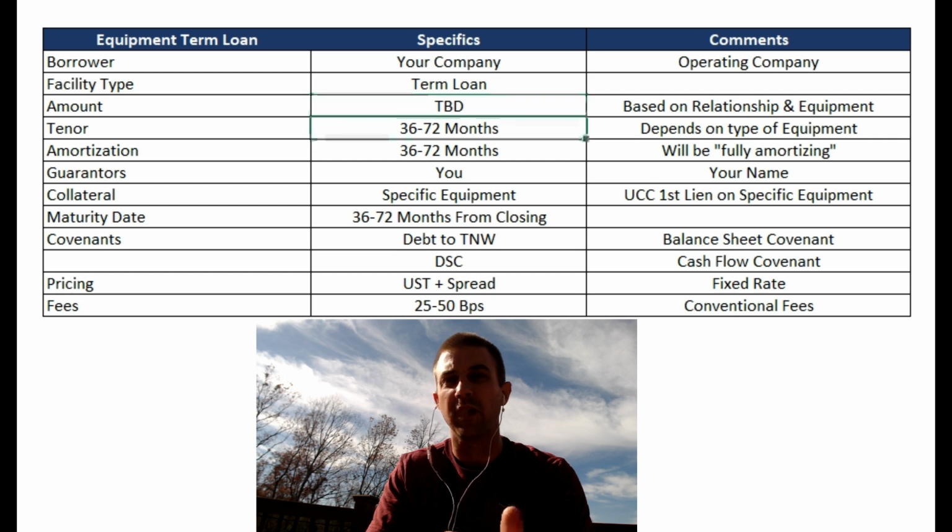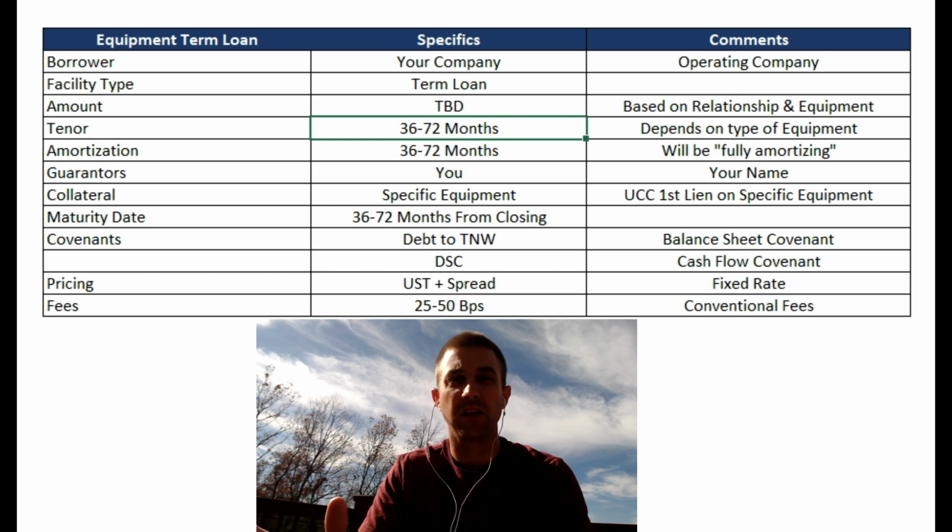Moving down, you have your tenor. Again, tenor is just how long this loan is going to be repaid for as you use the equipment. Usually on equipment loans, you're going to see tenors of 36 months to 72 months. Now, of course, that's the usual time frame.